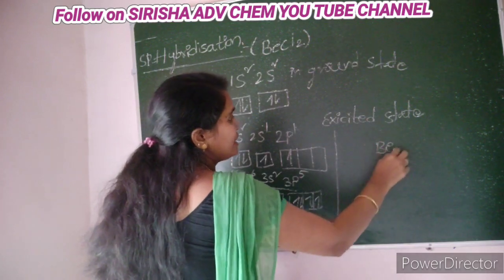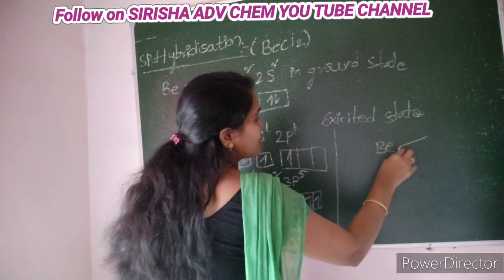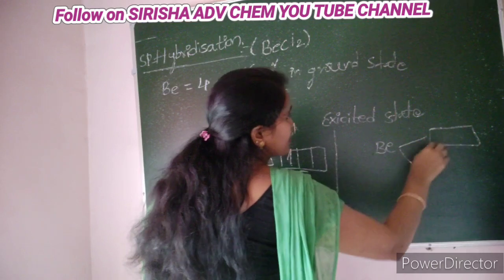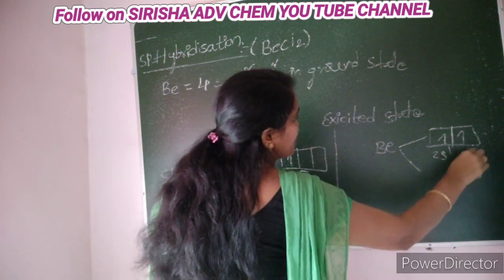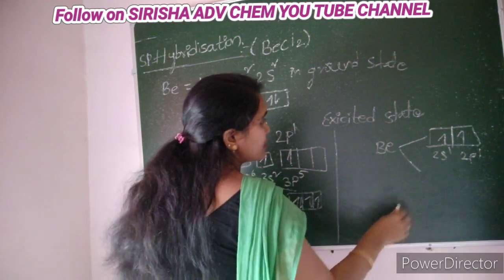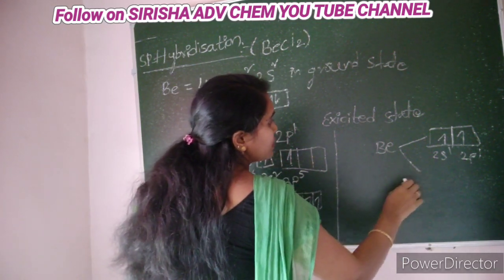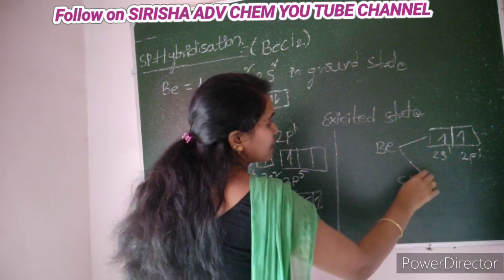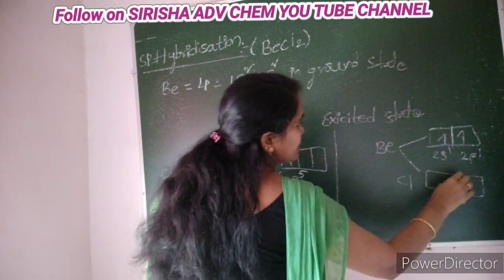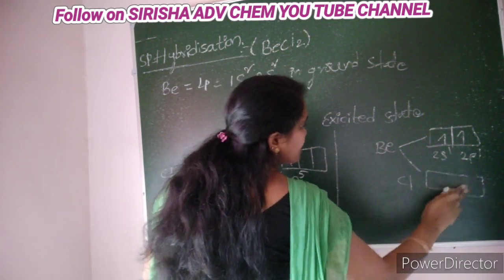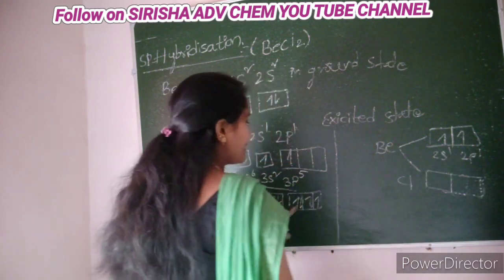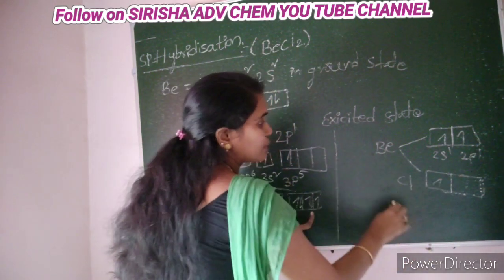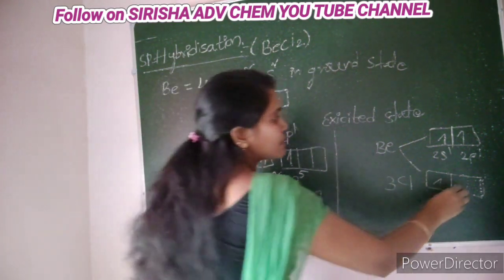Be has 2 electrons, 2s1 and 2p1. Then each chlorine has 1 unpaired electron, total 2 chlorines.